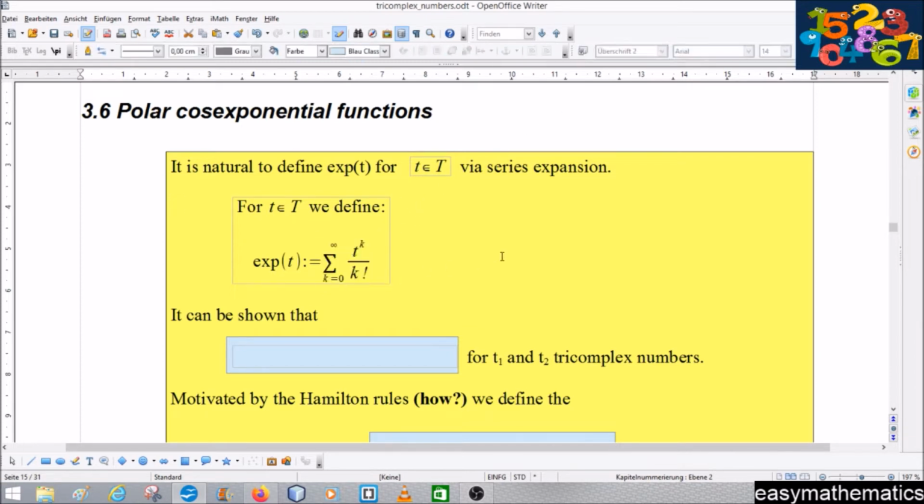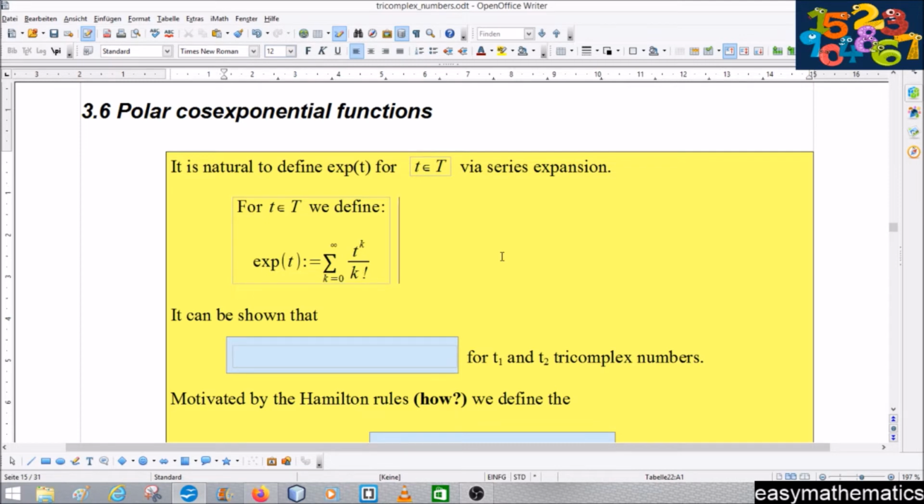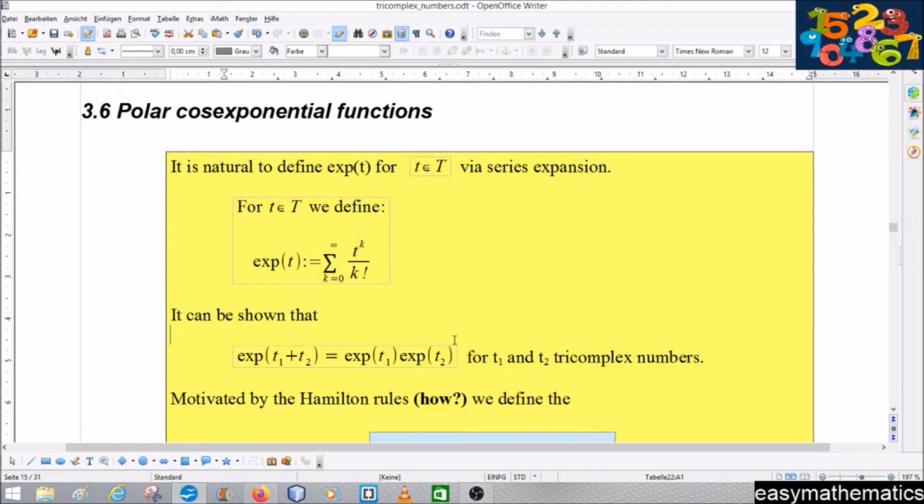So if we take the series expansion for the exponential, so the infinite sum with index k over t to the power k over k factorial, and we plug in tricomplex numbers, it can be shown, it's not so difficult, that we have the basic exponential rules. So the exponential of a sum is the product of the exponentials.